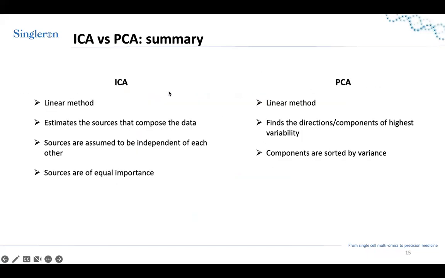If we compare ICA to PCA, both are linear methods. First of all, ICA estimates the sources that compose the data, while PCA finds the directions or components of highest variability. In ICA, sources are assumed to be independent of each other and of equal importance, while in PCA the components are sorted by variance, so they are not equal.